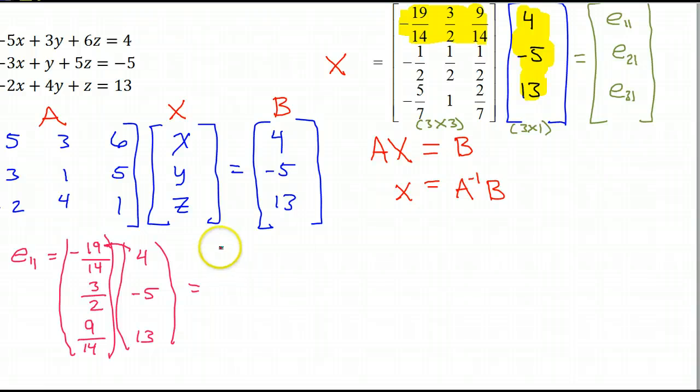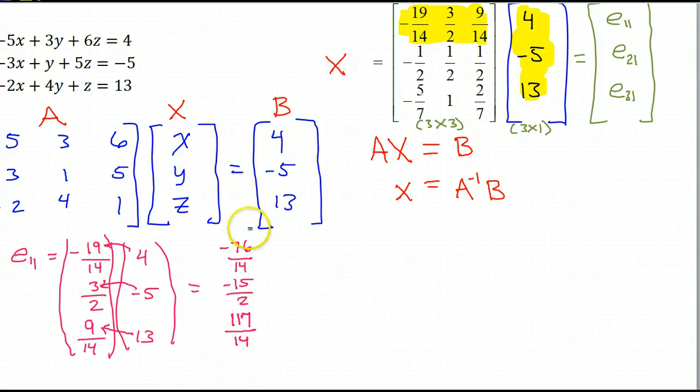So that means I have negative 76 over 14. And then -5 times 3, so that's going to be negative 15 over 2. And 13 times 9, which is 117 over 14.